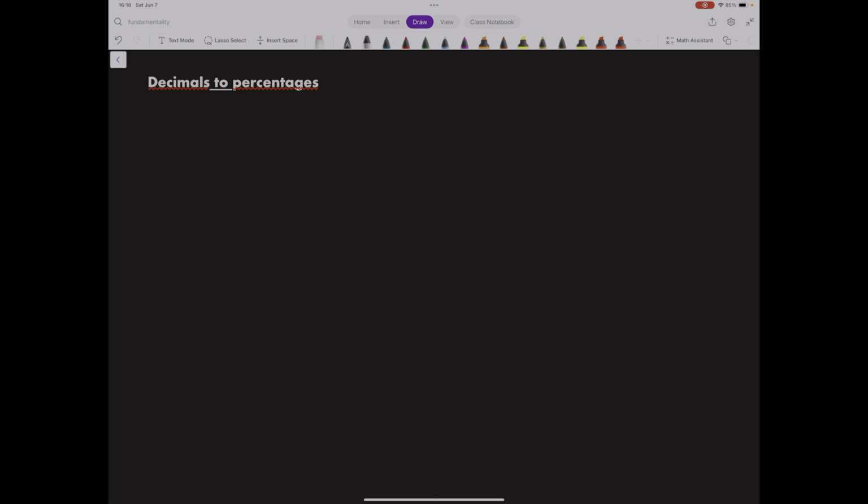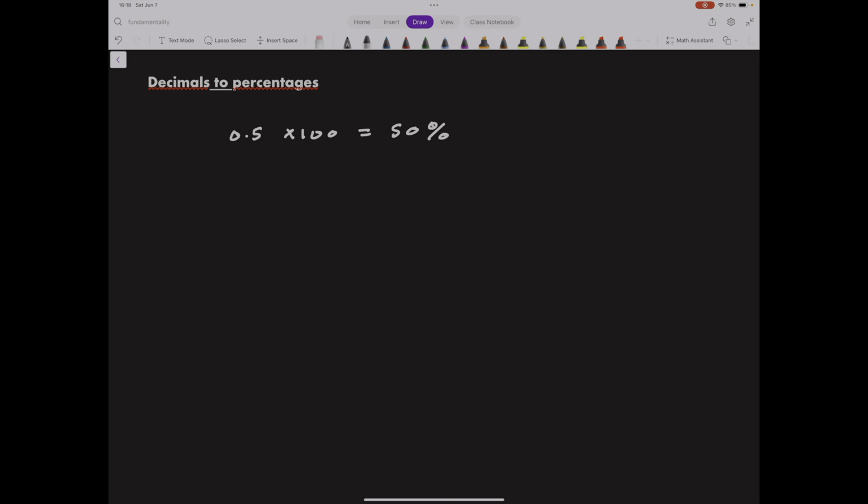So you times whatever your decimal is by 100, which basically means just shifting it along 2 spaces from the decimal place. So if you get something like 0.5, you times it by 100, which ends up being 50, then obviously you need your percent symbol, which looks like that.